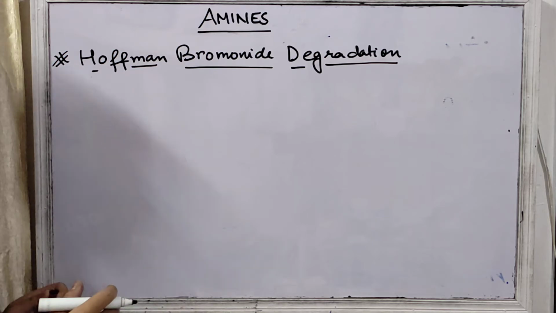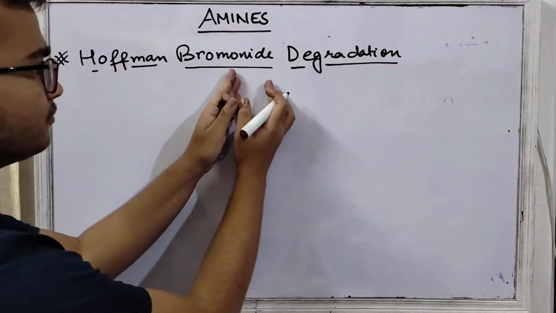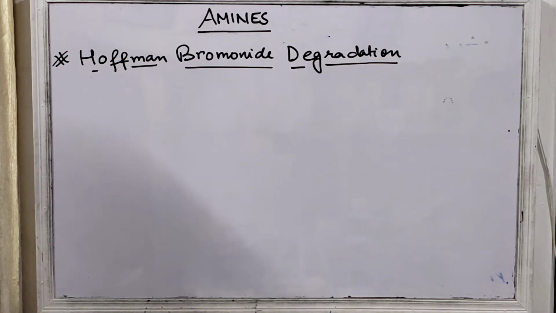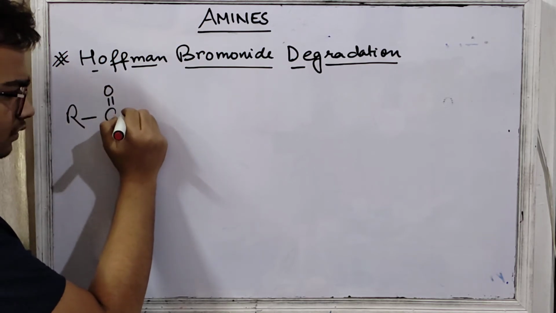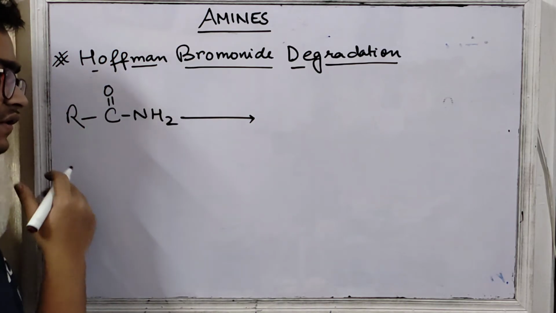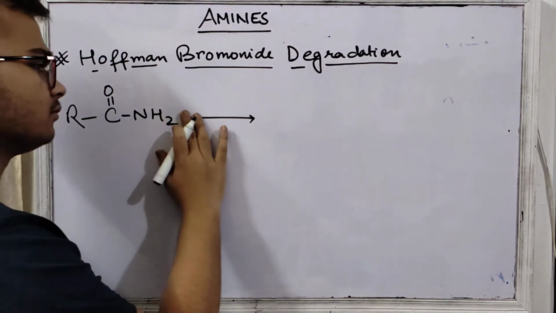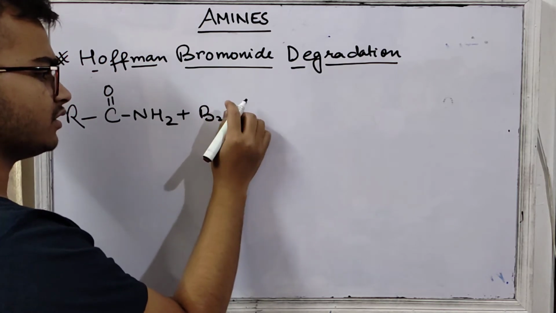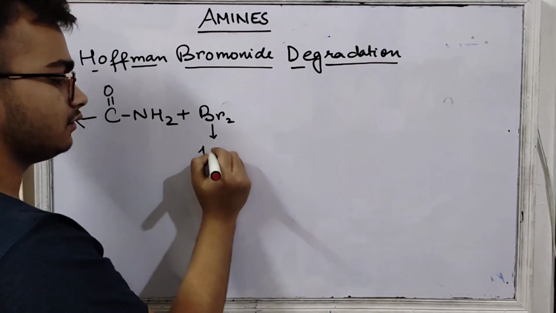So what happens here is, let's write the reaction first, afterwards I will explain. Since it is bromamide, that means amide group is present. So let's take the amide group R C double bond O NH2. Now with the amide group, we are taking bromine over here. But remember that the bromine which you are taking has to be only 1 unit of bromine.